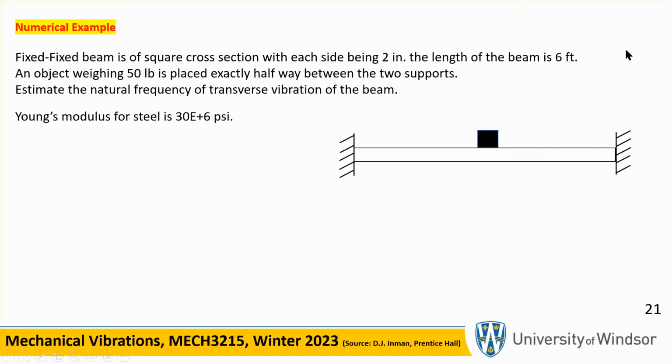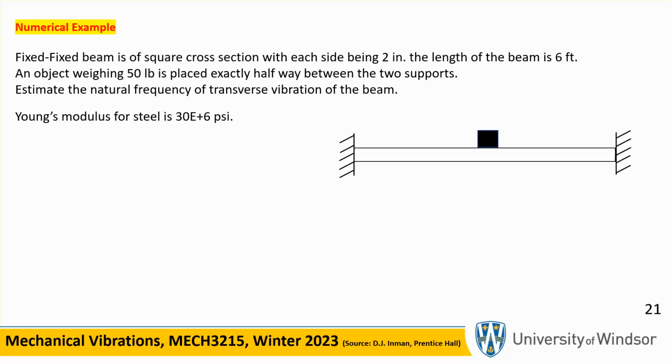So we're going to do a problem here, and this is a beam which is loaded in the middle using some mass. You put a mass there, and basically it's as if we have a fancy spring here with that mass on it. So what we want to find is the frequency of oscillation of this structure.